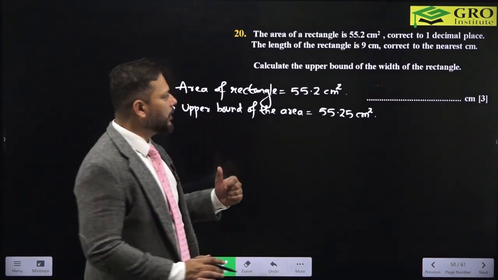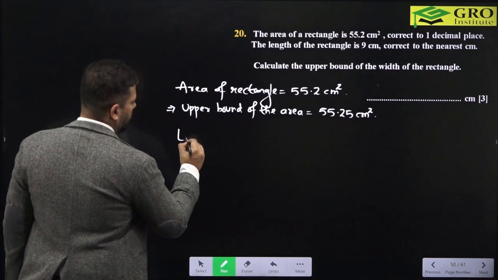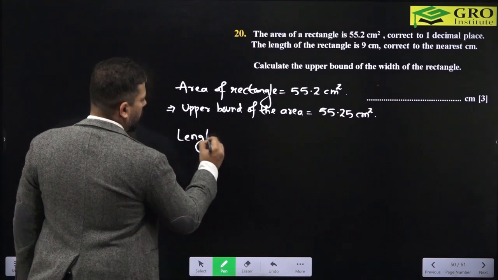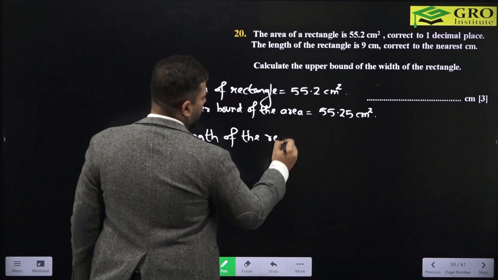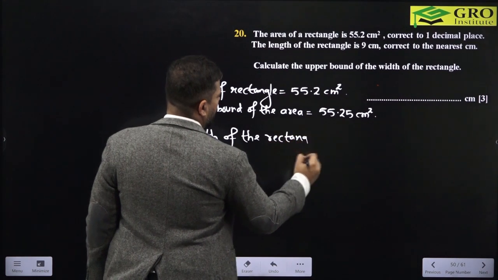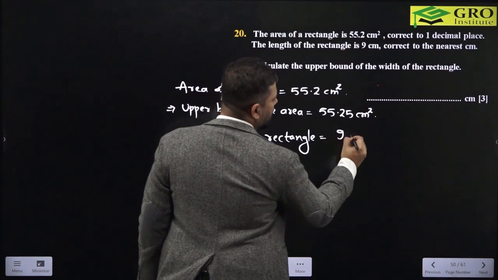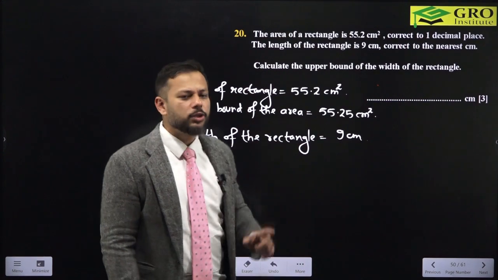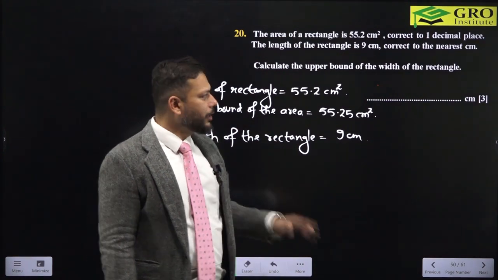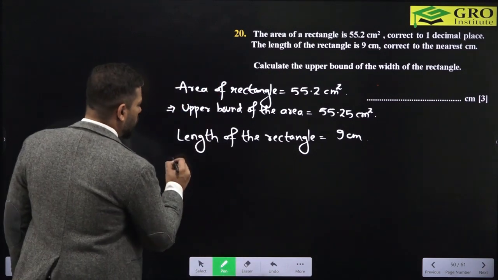Let us move further. We are being given the length of the rectangle. The length of the rectangle is given to us as 9 centimeter, and this is correct to the nearest centimeter. So correct to nearest centimeter, what would be its upper bound? Let us find the upper bound of the length as well.